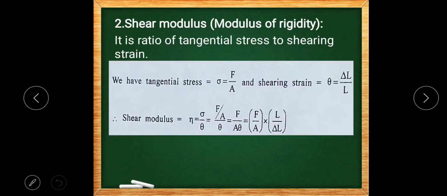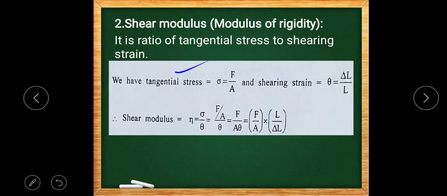Next, the second type of elastic modulus is shear modulus or modulus of rigidity. It is the ratio of tangential stress to shearing strain. So we have tangential stress equal to F by A, again restoring force per unit area.